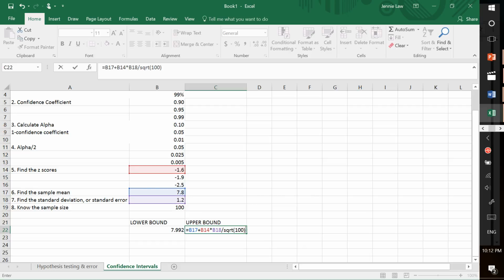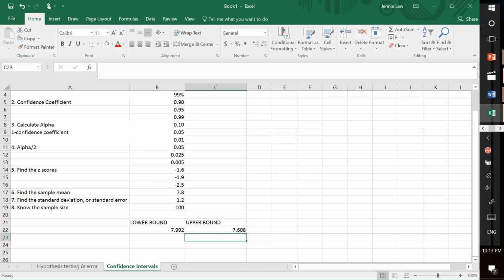Okay, so our upper bound, I'm going to put these two in parens, is right here. So you can see that I have these switched around because this number is lower than this number. So let's just pop that over here. Okay, so we have our lower bounds and our upper bounds, which we calculated pretty easily using our formula.